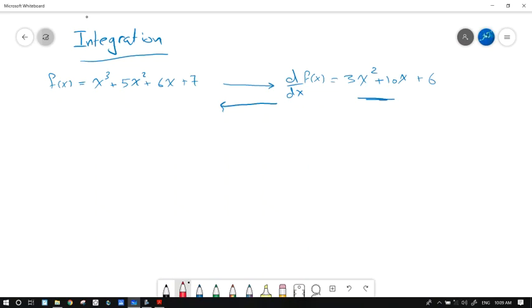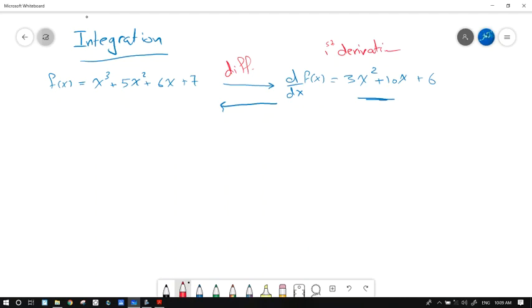This is a function, and here we make differentiation to find the first derivative. So this expression represents the first derivative of the given function. But now I have the derivative and I need the original function.